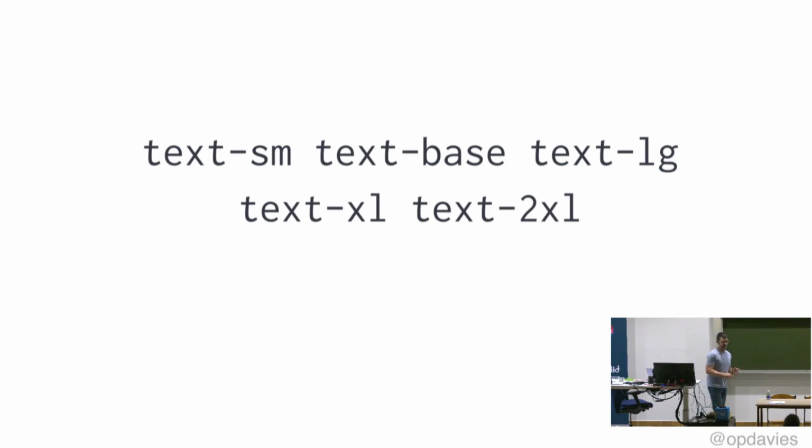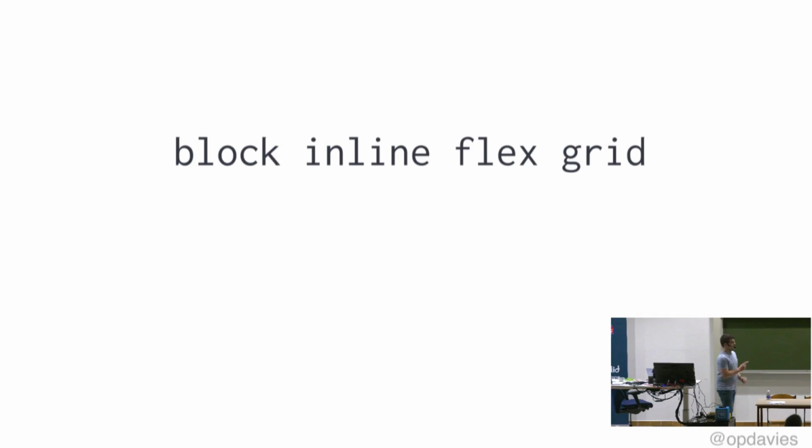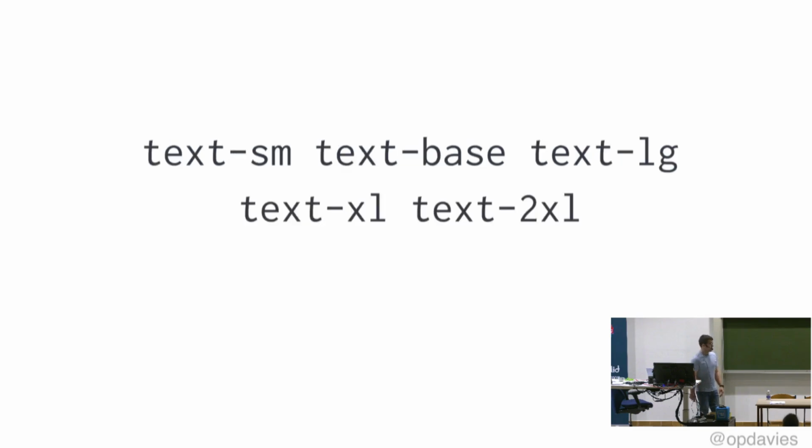I'm always copying these 100 classes, or however many classes it was, between projects, so I'll make it into a framework, sort of. The Tachyons one uses classes like DB for display block and DI for display inline. The Tailwind ones are a bit more verbose. Admittedly, they're a bit longer to type, but they're a lot more readable. I think I can read that and know what they are. I forget what all the Tachyons ones are, but there we are.